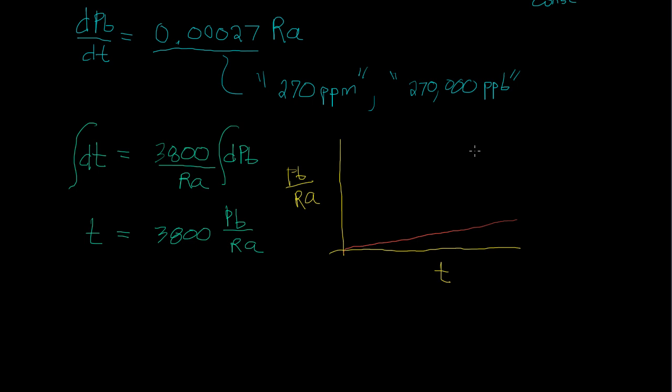So at this point, you maybe wonder, why didn't Boltwood just use this? The answer is that at the time, this was really hard to measure. It's kind of hard to measure radium. It's a lot easier to measure solids than gases.